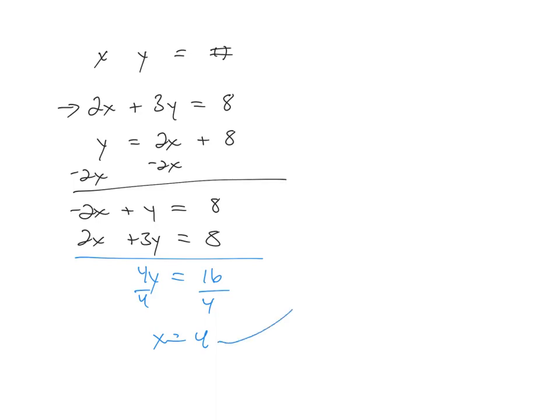and then plug it back into either of those two equations. I kind of like that bottom one. I like the 2x plus 3y equals 8. So if I plugged in 4 for the y part, I did a sloppy y right there.